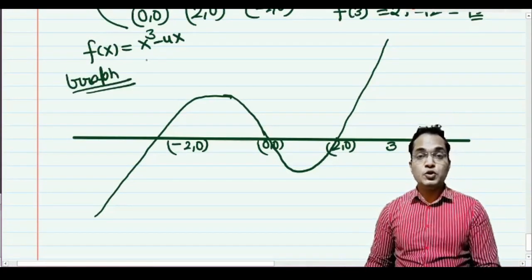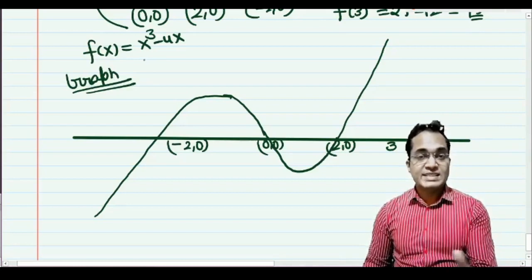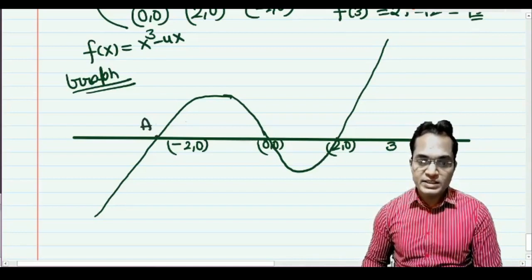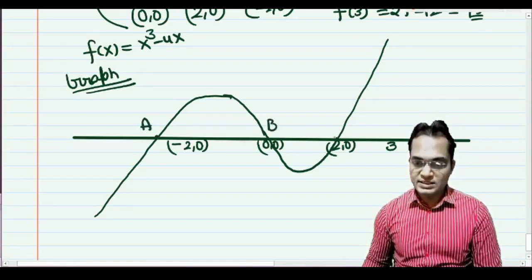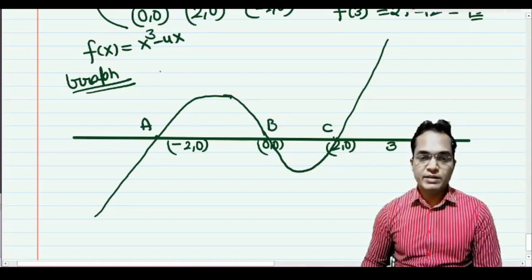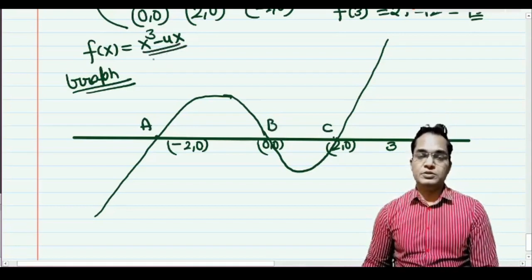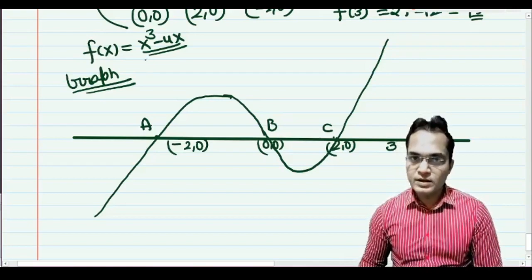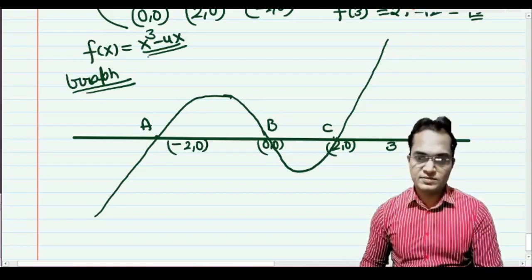As we know, a cubic equation has 3 roots. Then there are 3 intersection points with the x-axis, because the given equation has 3 real roots at minus 2, 2 and 0, or you can say 3 zeros.